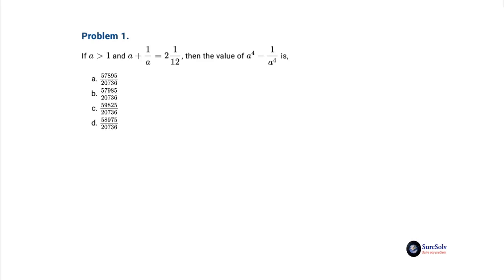Getting the value of a minus 1 by a would involve less calculations in comparison to getting the value of a square plus 1 by a square. A minus 1 by a whole square will be equal to a plus 1 by a whole square minus 4. The value will be then 25 square by 12 square minus 4, which is 625 by 144 minus 4. Now 4 times 144 is 24 square.